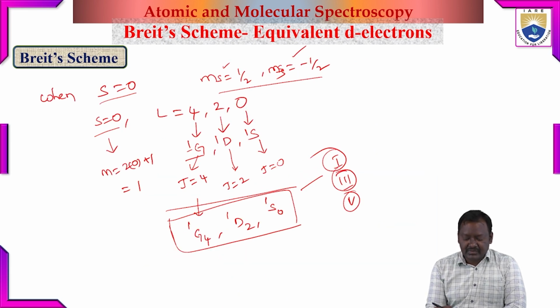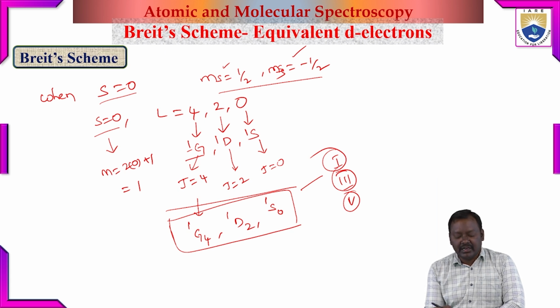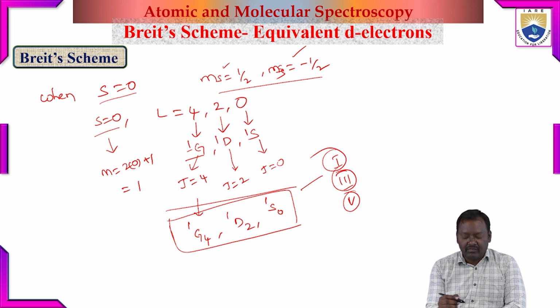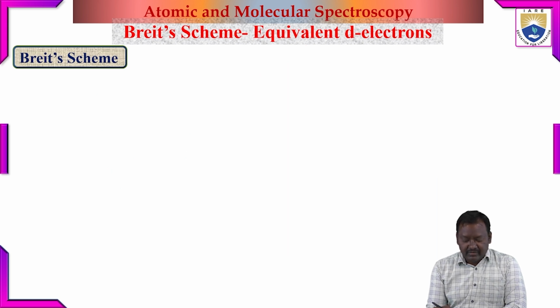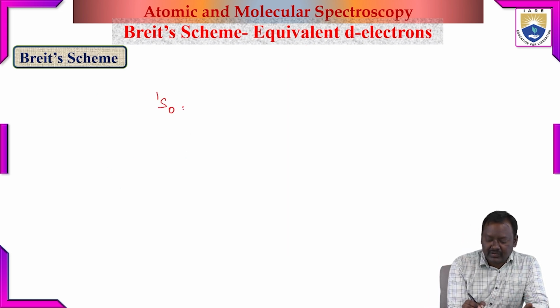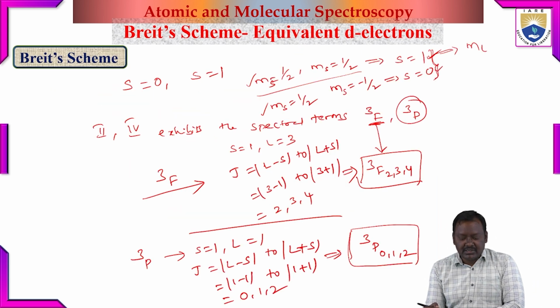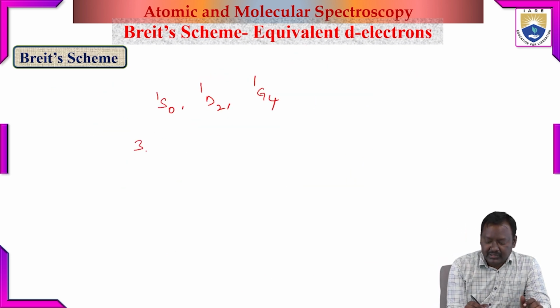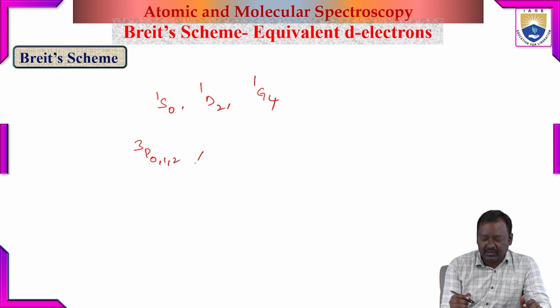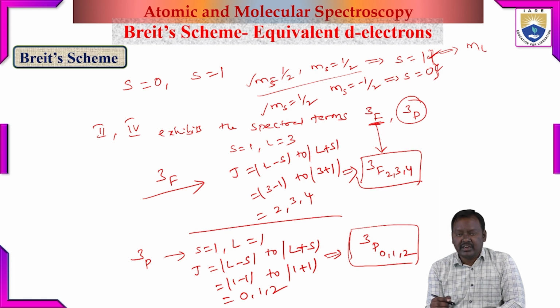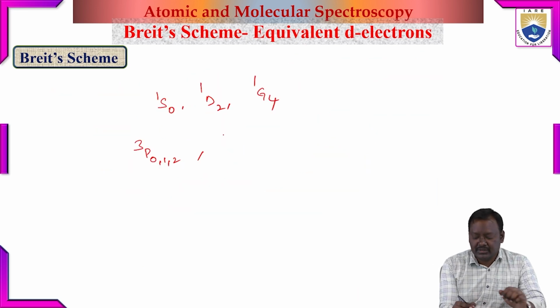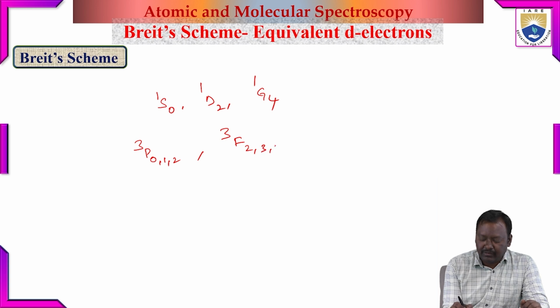The possible singlet terms, in order, are 1S0, 1D2, 1G4, and the triplet terms are 3P0, 1, 2 and 3F2, 3, 4.